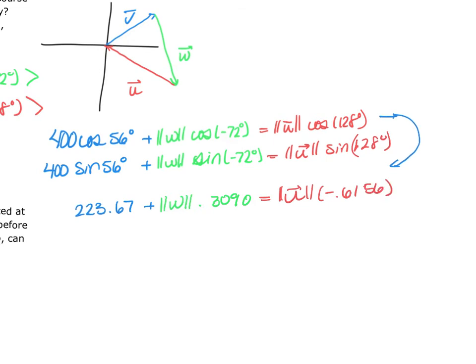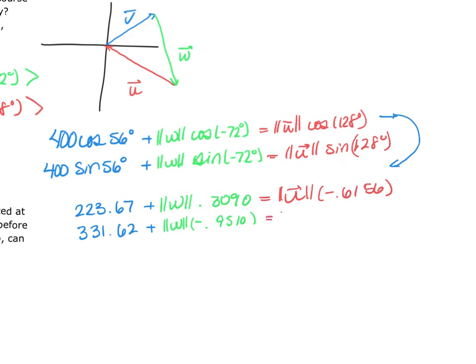And then I have 400, I'm going to do the next one, 400 times the sine of 56 degrees, which is 331.62 plus the magnitude of w, the sine of negative 72 degrees is negative 0.9510.